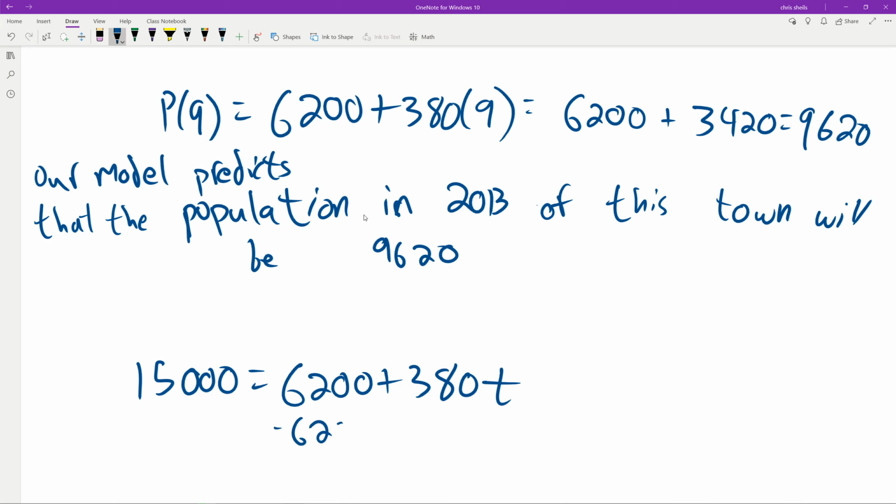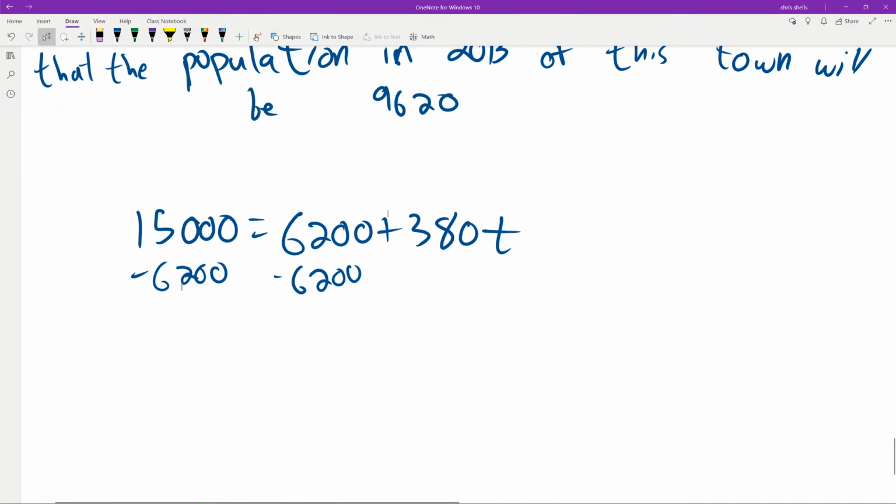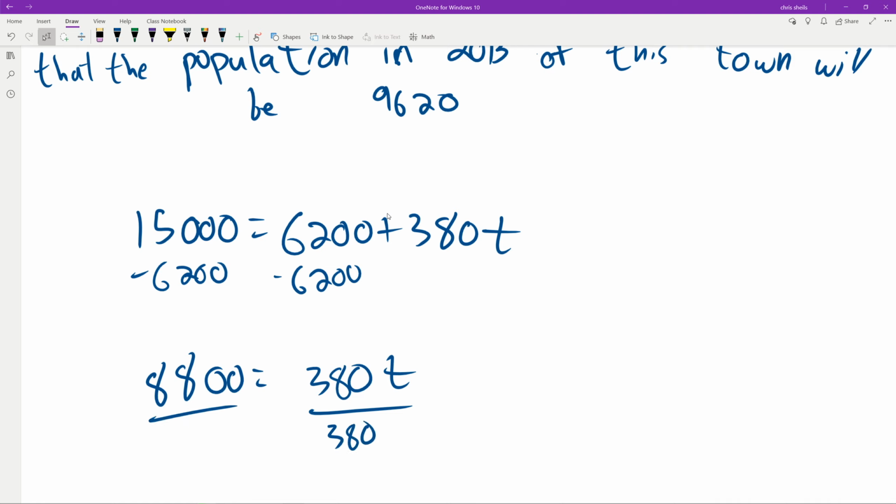So I subtract 6,200 from both sides. And I get 8,800 equals 380t. I divide both sides by 380. And here I'm going to get t is about 23.